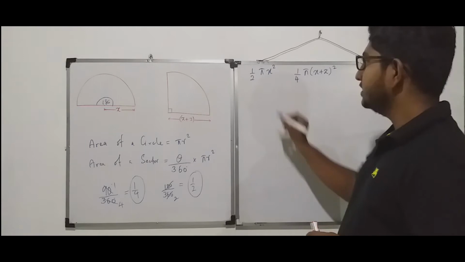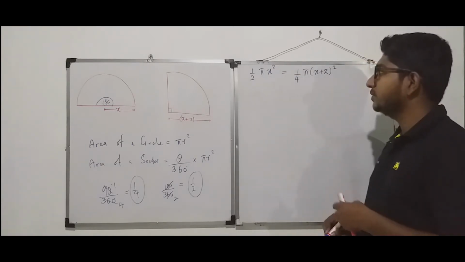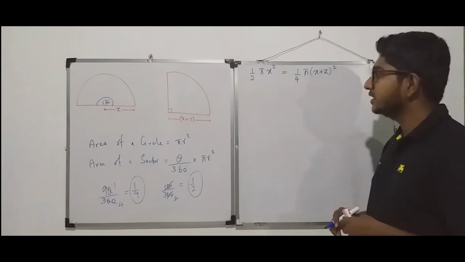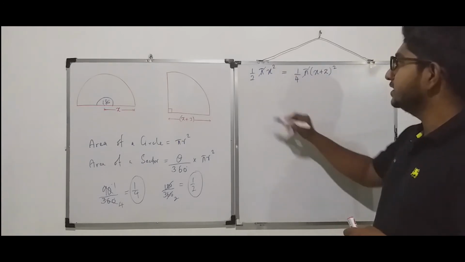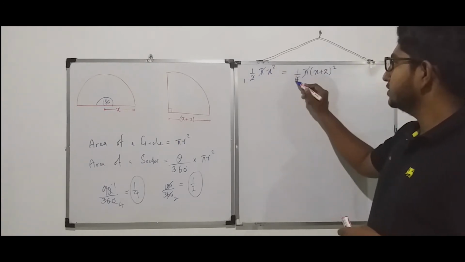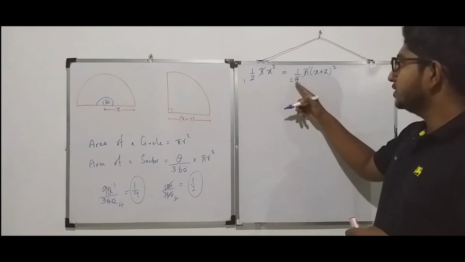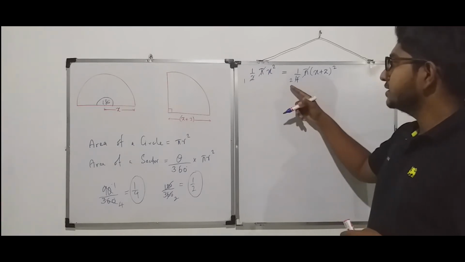They are saying the areas of these two are equal, so we can equate. Now we have to simplify and build the quadratic equation. I can cancel π and π here. 2 times 1, 2 times 2. And here we have a denominator. To cancel this denominator, we can cross multiply by 2.